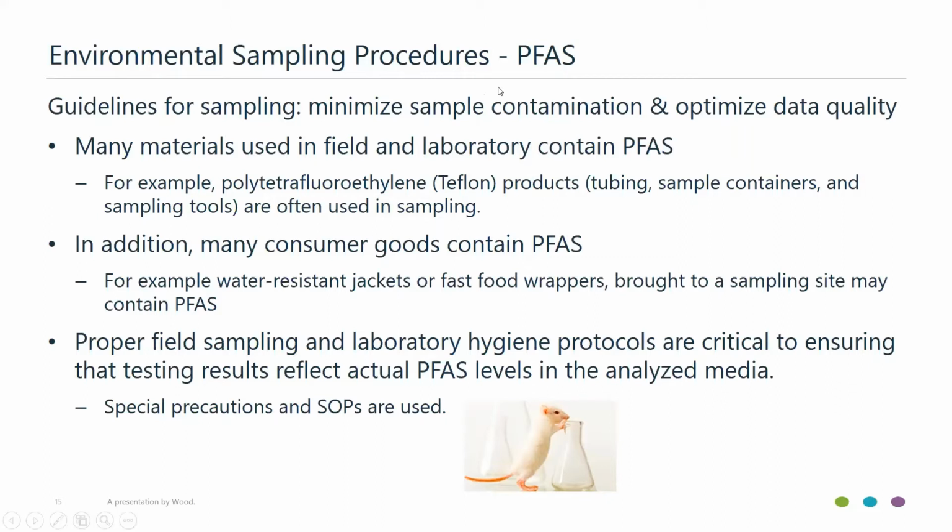If someone uses the wrong shampoo before they go out and sample, is that really going to have enough potential PFAS in it to change the results? Probably not. But it needs to be kind of documented. And so until that's fully done, we do follow very strict laboratory and sampling hygiene protocols whenever PFAS is being sampled. It's just something to be aware of as we move on. Next slide, please.